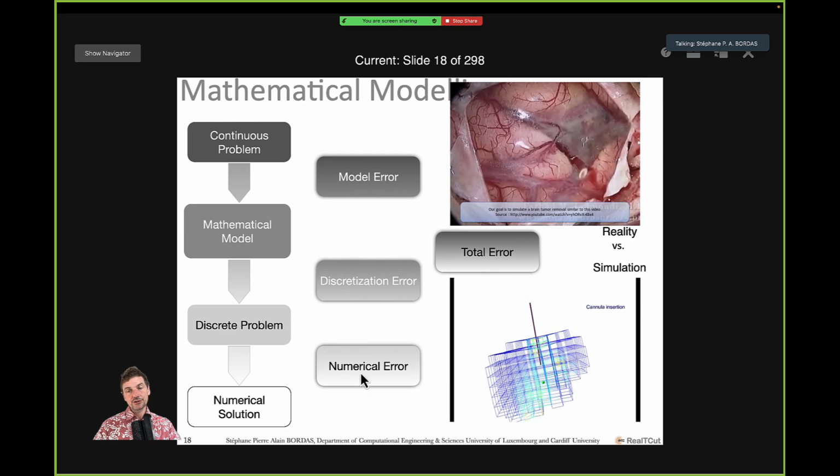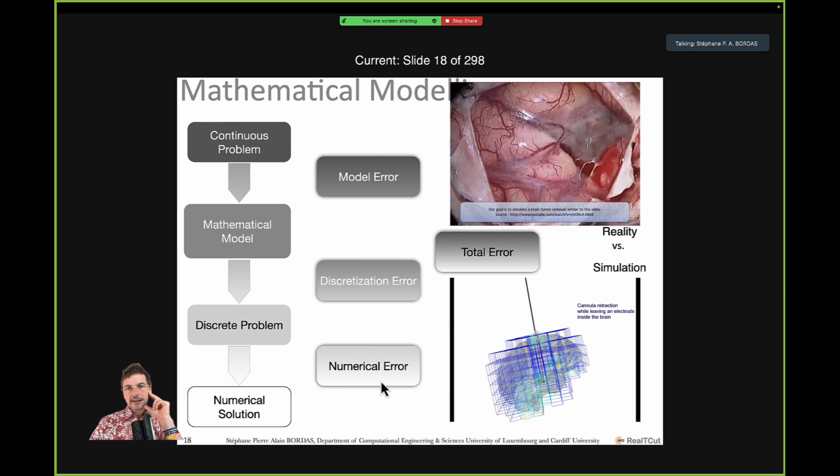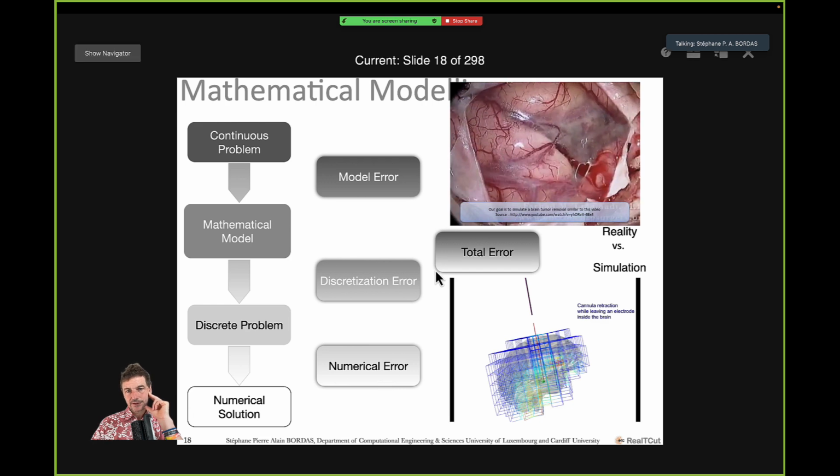The numerical error usually we are quite happy with, at least as long as we are not on a quantum computer. I think things are relatively easy to delineate, let's say. So discretization error and model error are the two things we are trying to disentangle, and again this is very important to realize.